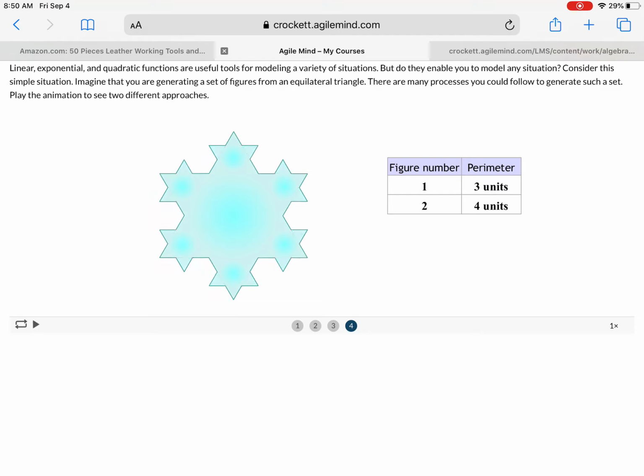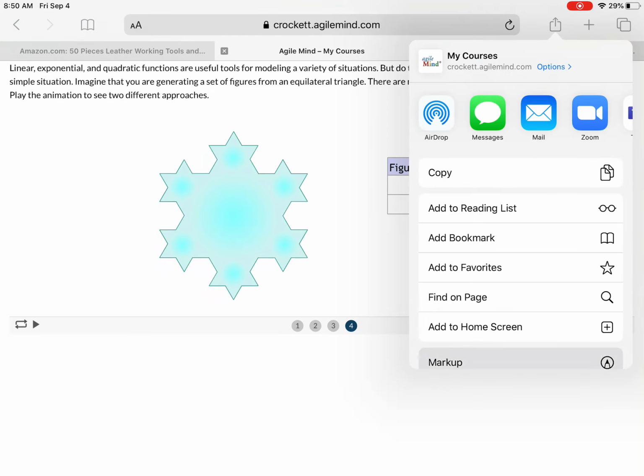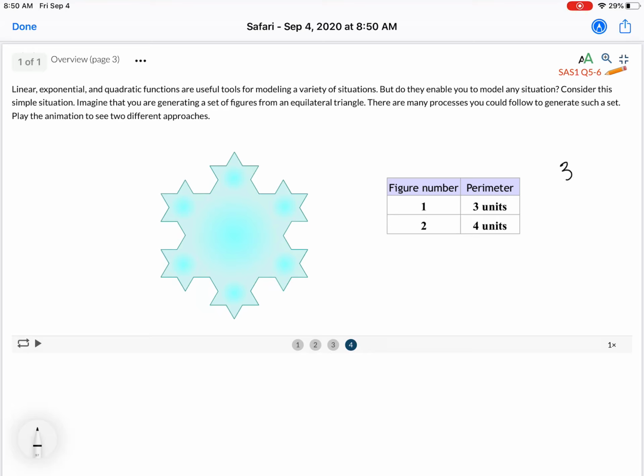Okay. Next, it just added more triangles. Okay. So think back. We had 3 points first. And then we had 12 points first. So how did I get from 3 to 12? What can I say? 3 times what is 12? 3 times 4 is 12. So I'm going to say 12 times 4 is 48.